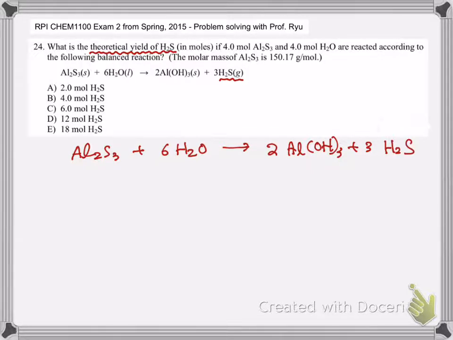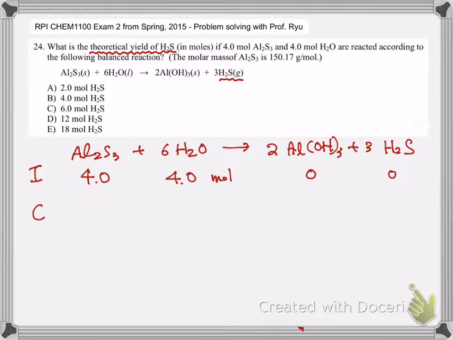In the initial state, they give 4 moles of Al2S3 and 4 moles of water present, and nothing was given on the other side.